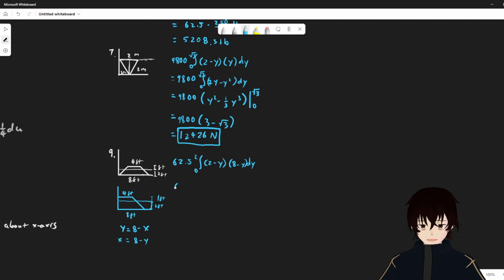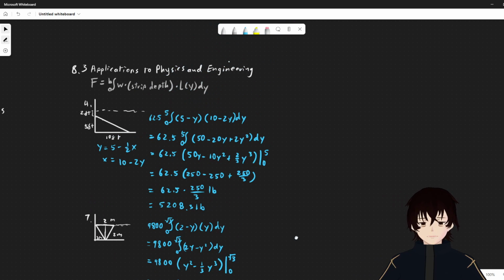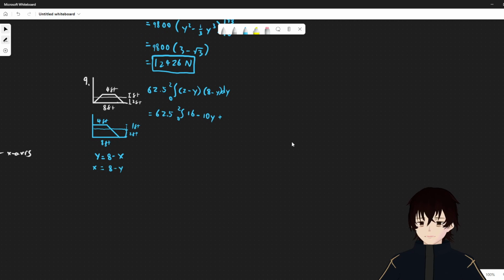Now, we can write that as 62.5 times the integral from 0 to 2 of 16 minus 10y plus... Wait, did I miss a negative sign in the previous question? No, I didn't. That's another thing I usually do.